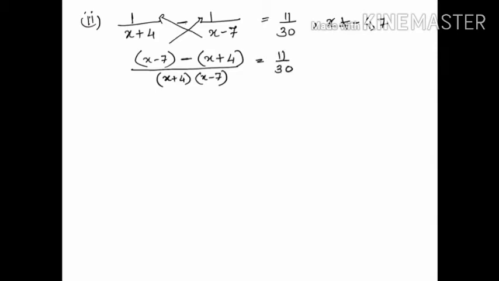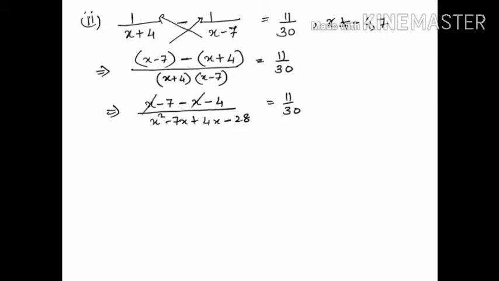Now simplifying the numerator and denominator on the left hand side, x minus 7 minus x minus 4. When you open the bracket, the signs of the terms inside will change because there is a minus sign before the bracket. Multiplying the terms in the denominator, x square minus 7x plus 4x minus 28 equal to 11 on 30.